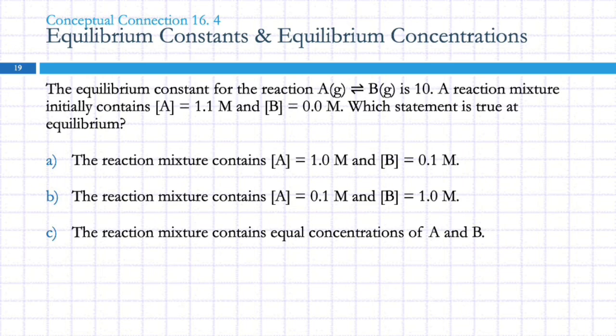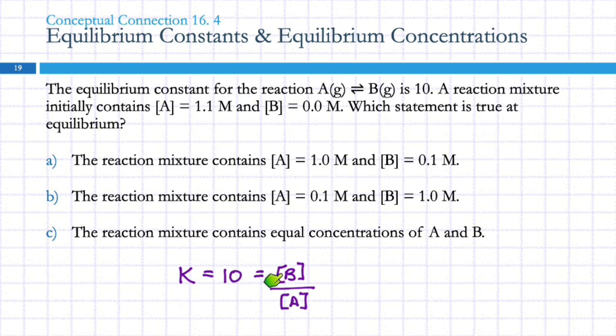Well, this is K. So K is equal to 10, and the equilibrium constant equals the products over the reactants, right? So the product is B, divided by the reactant is A. So this is a conceptual problem, and so we shouldn't need our calculators.